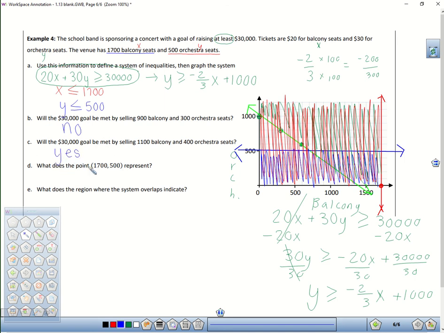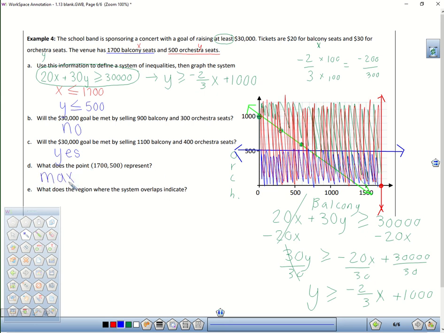And then for D it says, what does the point 1700, 500 represent? Anybody have an idea on that? 1700, 500. Anybody know what that represents? You got it. Maximum capacity, right?